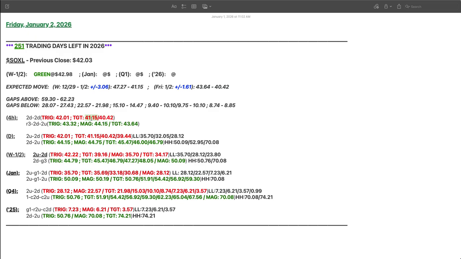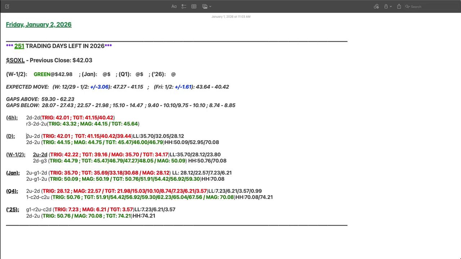That is essentially market makers' expected move for the week and for the day. If we go to the upside, that does trigger the 2 down, 2 up that we talked about at 43.32. Not the largest magnitude, but it is there at 44.15, and we've got an extended target. Oops, I think that was 45.64, not 43.64.